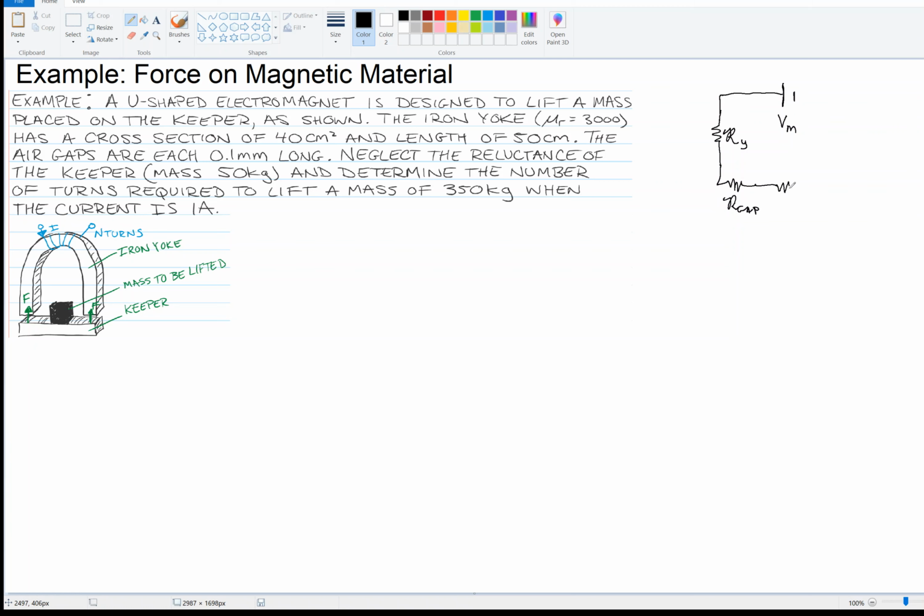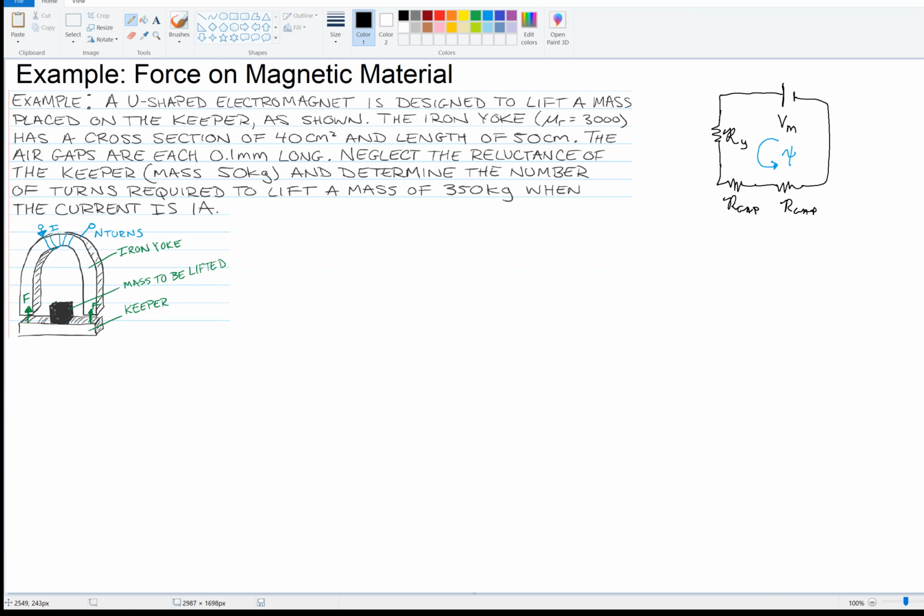And then we're told to ignore the reluctance of the keeper. And so then I have another reluctance of the gap. I already put the reluctance of the yoke. So then I come back to my potential. And so this is my equivalent magnetic circuit. Pretty cool. And then I'll say that I've got some current, if you will, or some flux through this circuit, psi.